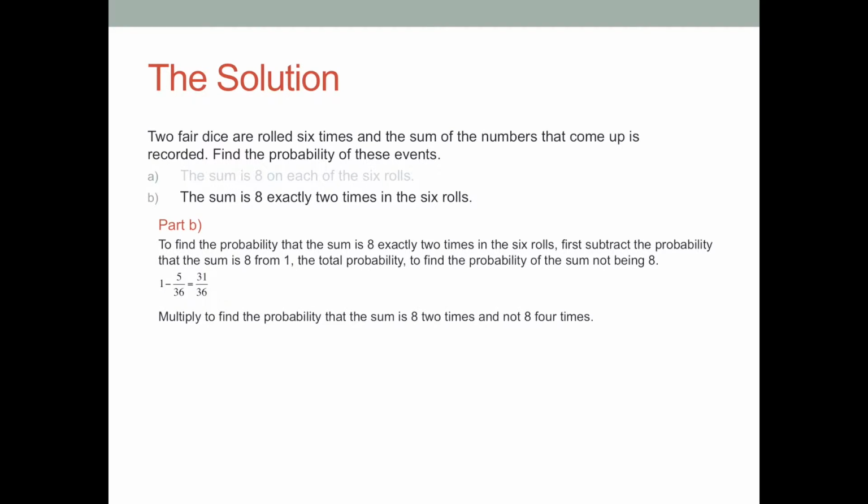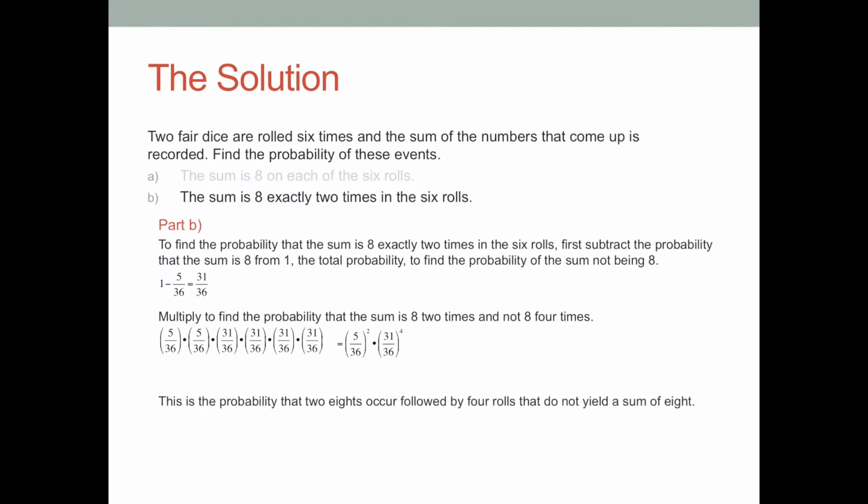Multiply to find the probability that the sum is 8 2 times and not 8 4 times. So that will be 5/36 to the 2nd power times 31/36 to the 4th power. This is the probability that 2 8s occur, followed by 4 rolls that do not yield a sum of 8.